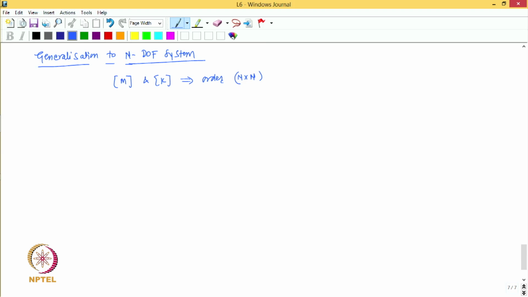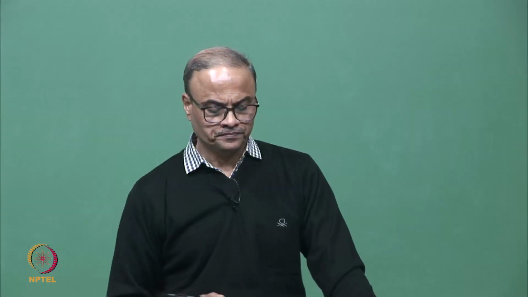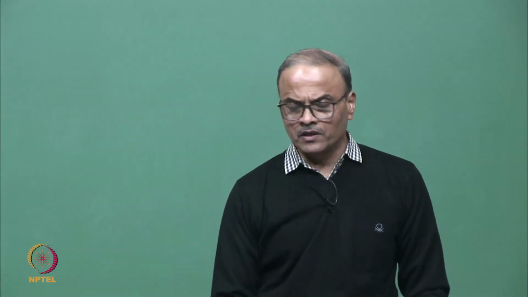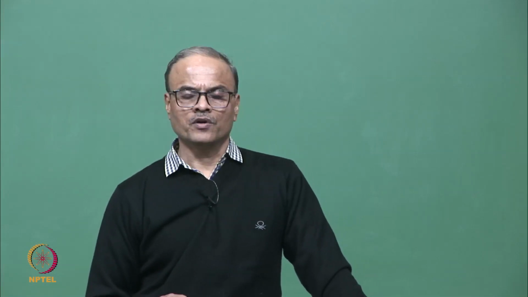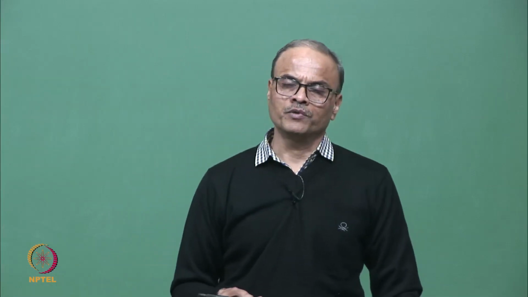For a 2 degree of freedom system, they were of order 2 by 2. But they would continue to have the same properties: they would be symmetric, the mass matrix would be positive definite, and the stiffness matrix would be either positive semi-definite or positive definite.